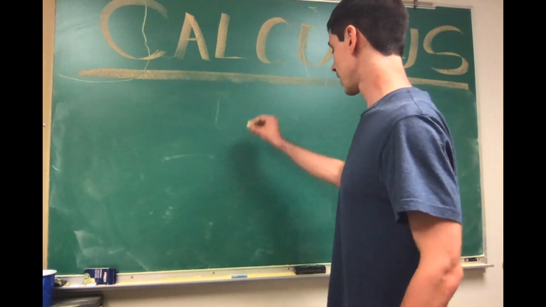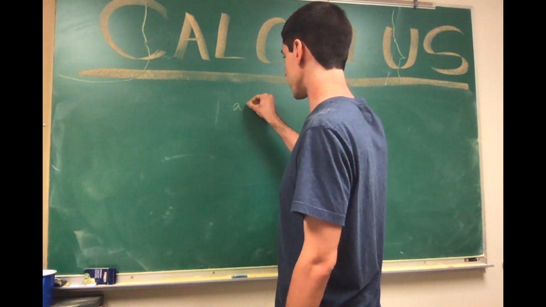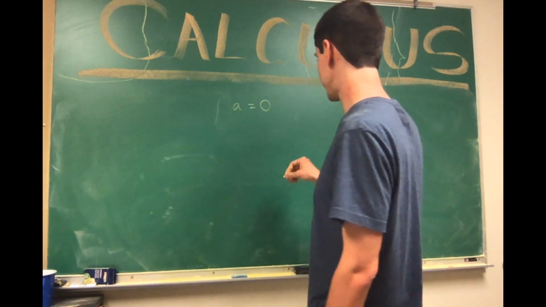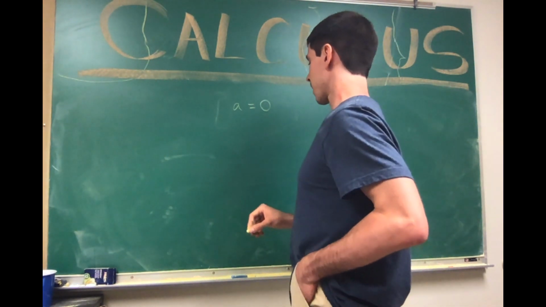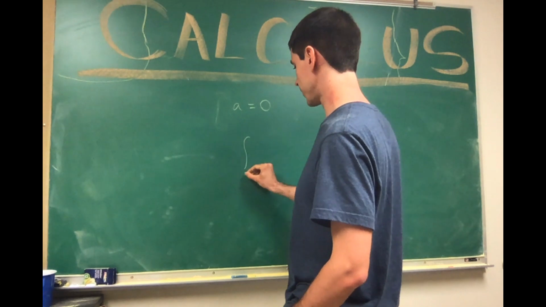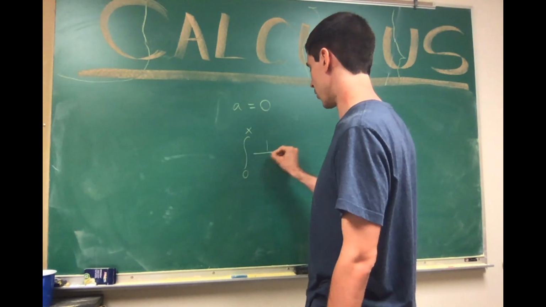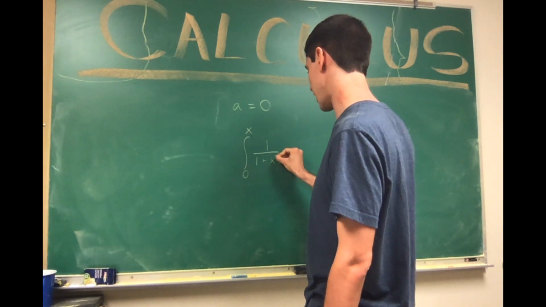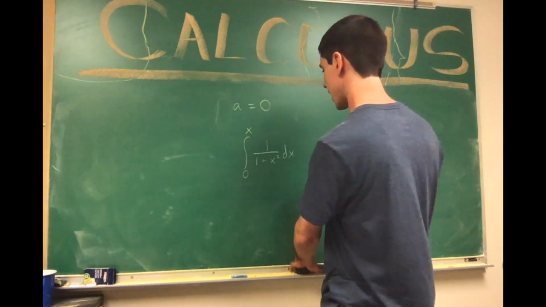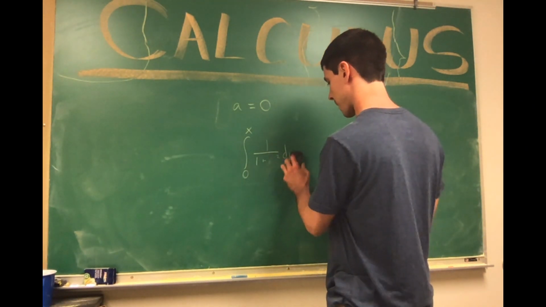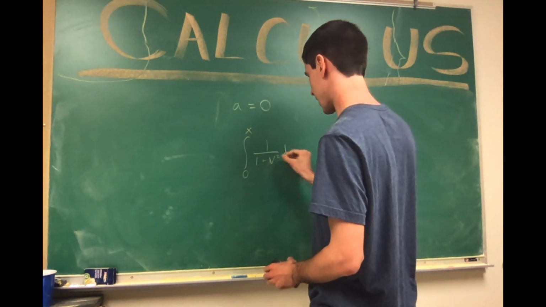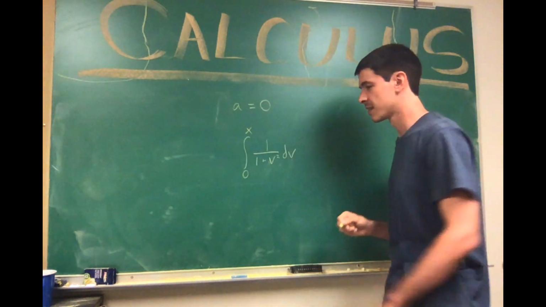So say a equals 0, then we want to know what the integral from 0 up to x of 1 over the square root of 1 plus x squared dx is. Oh, sorry, I shouldn't use x, I'll use v. 1 plus v squared dv is.